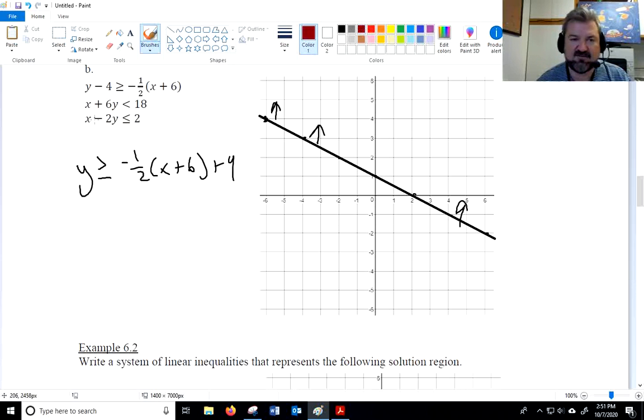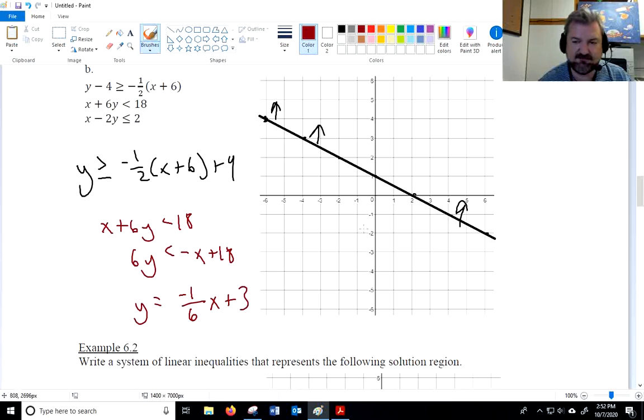All right, let's do the next one. I've got x plus 6y less than 18. So an x-intercept of 18 is probably not that helpful. I'm going to solve this for y. So I have x plus 6y less than 18. So 6y is less than negative x plus 18. And I'll divide by 6. When I divide by 6, I get negative 1 over 6 x plus 3.